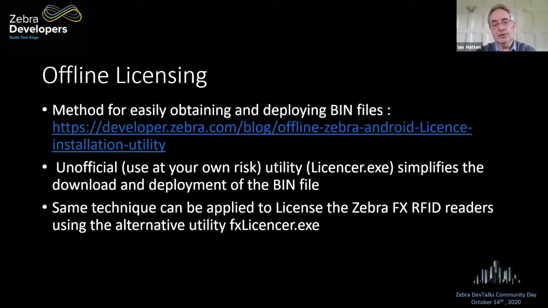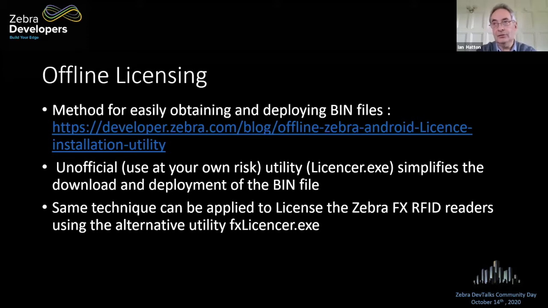So I created a blog, which is at that link on our developer portal, and that covers the method for doing offline licensing by deploying a bin file. There's an unofficial, so use at your own risk, utility, which I've called licenser.exe, and that basically is just a helper to simplify the download and the deployment of the bin file.